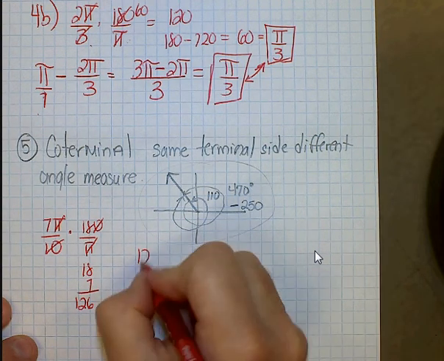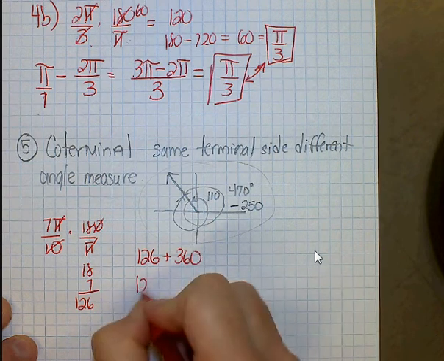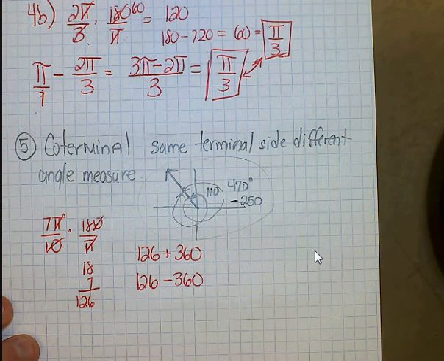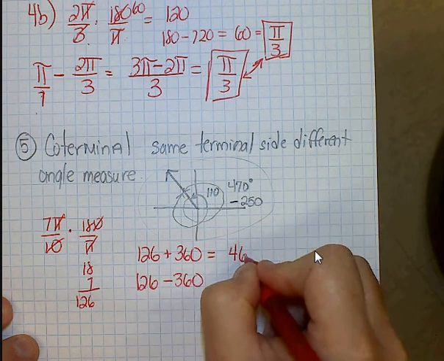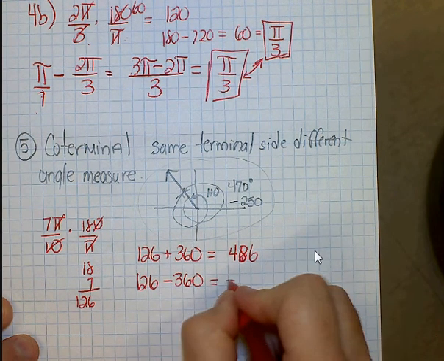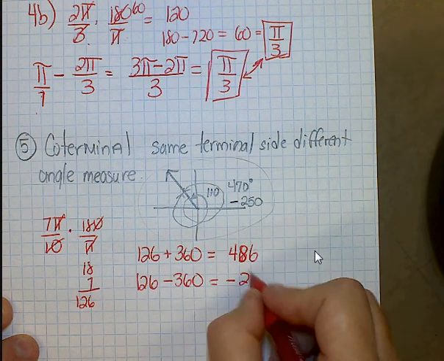So I can get 2 coterminal angles, one positive, one negative, by just doing that. Oh, so you want these in radians too? Yep. So when I add this, this is going to be 486. And when I subtract these, I'm going to get a negative 234.